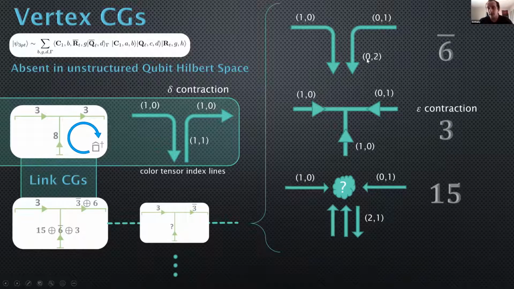So if we get a 6 bar here, that can be combined in a gauge invariant way with the other representations on the links at this site. So that's going to show up when we apply the plaquette operator. Same thing with the 3. However, if we get a 15 here, there's no way to combine these to form a gauge invariant state.